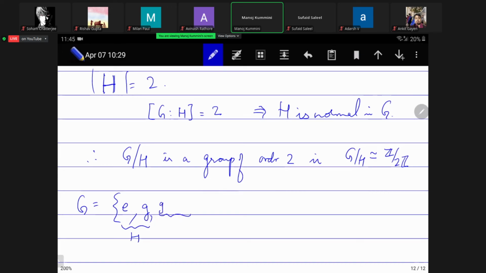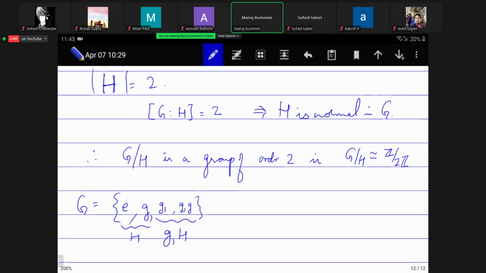Let us call it g1, and let us say that we are enumerating left cosets. I'm partitioning G into the left cosets of H. So there's H and some g1H. And g1H will contain g1 and g1 times g. I mean, g1 is g1 times e, and g1 times g is g1g. So this is how it would be enumerated.